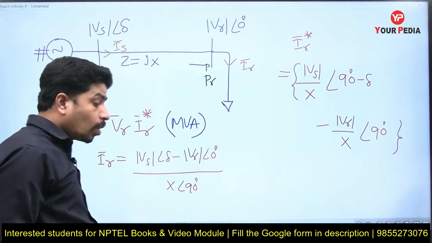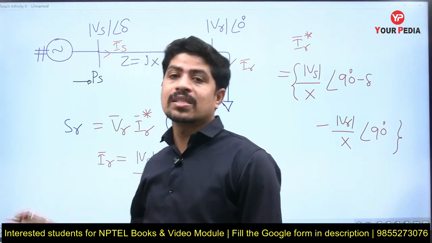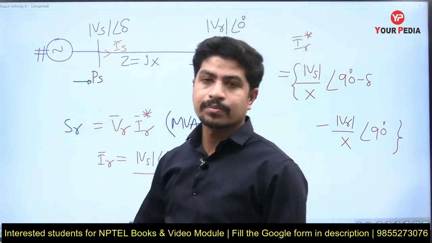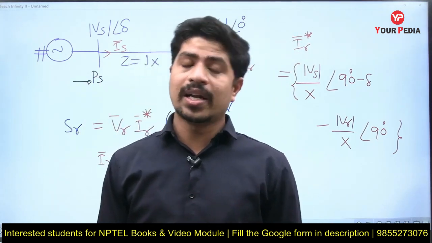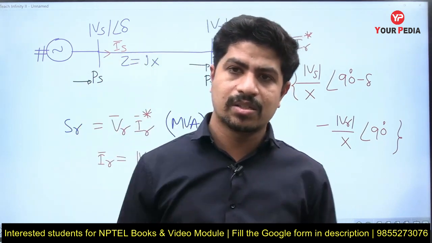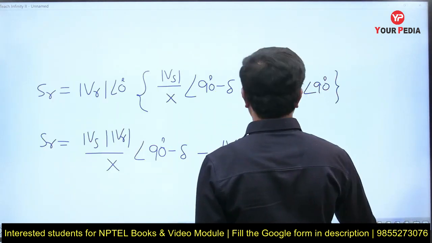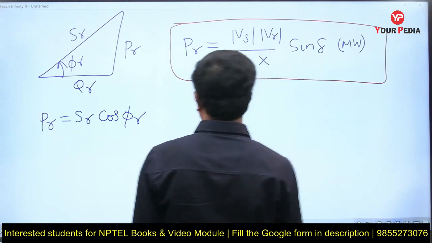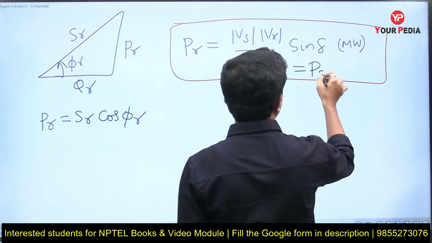There is no element or equipment which can cause real power loss in the transmission line in this example. Who will cause power loss? Resistance, right? Conductance. There is no resistance and conductance. Therefore, directly I can write. You can do it, see, if you want. I am writing here directly, that is equal to PS, sending end power.